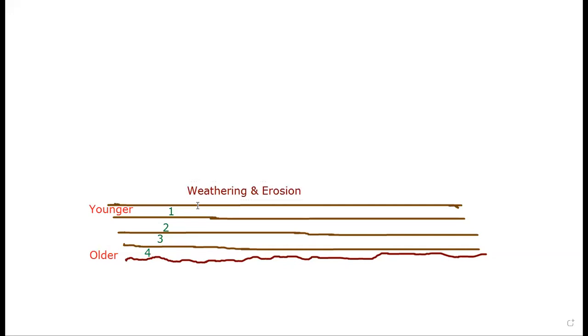After weathering and erosion, this top surface of the rock, which is generally flat, undergoes weathering and erosion, and this top area will be converted into an irregular surface. Suppose this is the irregular surface, which is the effect of weathering and erosion. Okay.